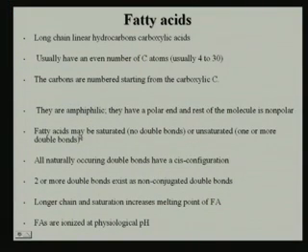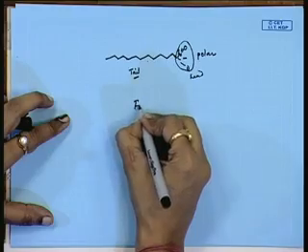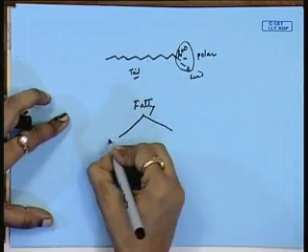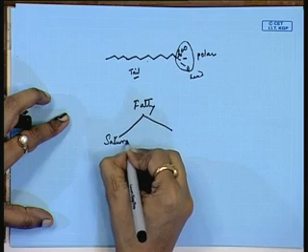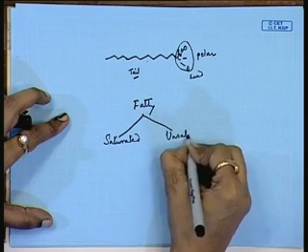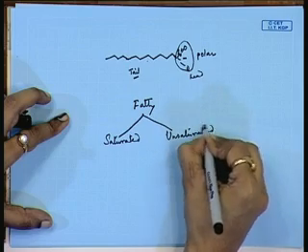Fatty acids may be saturated or unsaturated. That means the entire fatty acid can be divided into two parts: one is called the saturated fatty acid, another is the unsaturated fatty acid.